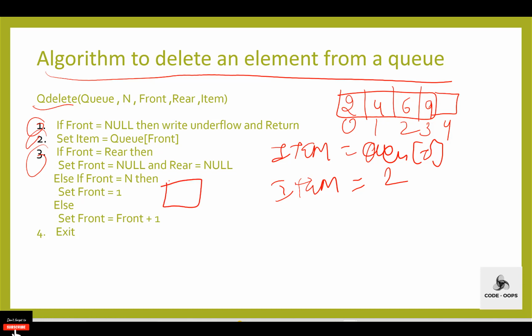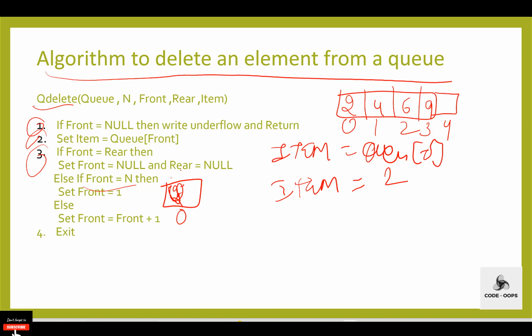That means if Q has only one element and you want to delete this element from the queue, then front becomes null and rear also becomes null. Else if front is equal to n, if this condition is true, then set front is equal to 1. Otherwise, set front is equal to front plus 1.